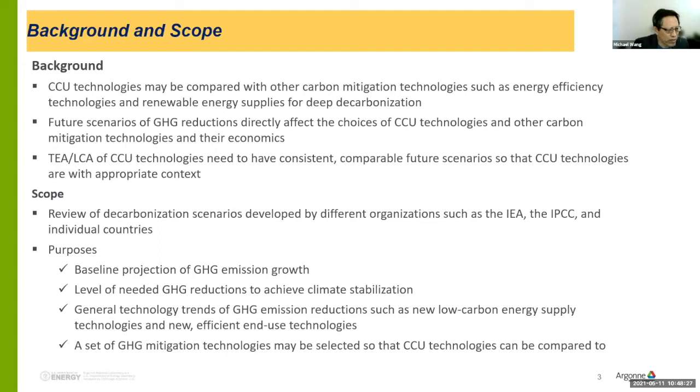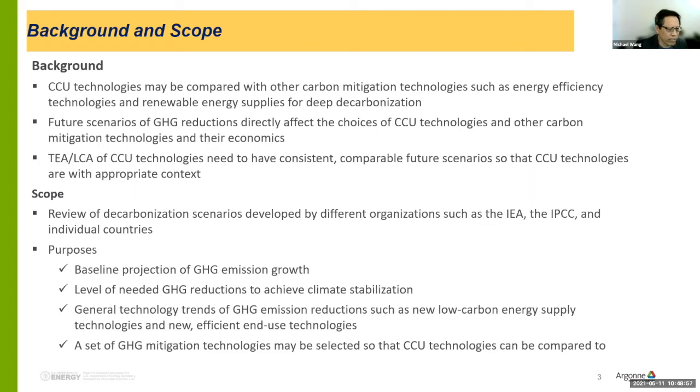The future scenario of GHG reductions directly affects the choices of CCU technologies and other carbon mitigation technologies and their economics. And the TEA and LCA of CCU technologies need to have consistent, compatible future scenarios so that CCU technologies are assessed with appropriate context.